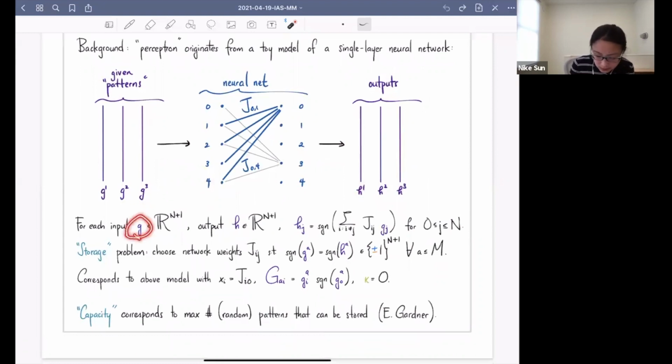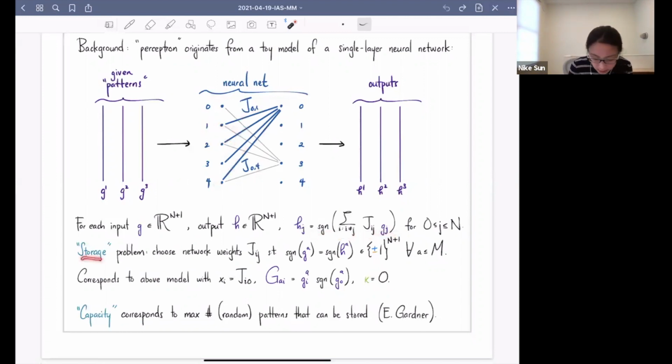For each input G, you're supposed to output an H, where the jth coordinate of H is that you take all of the inputs here, and then you multiply them by the weights of the network. So you take this sum, and then you just take the sign. So it's a simple operation.